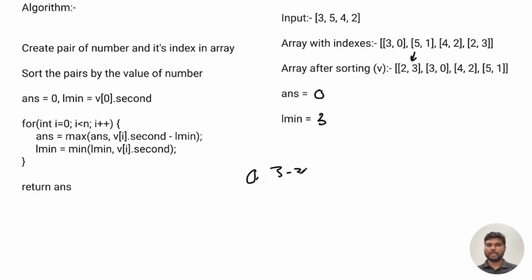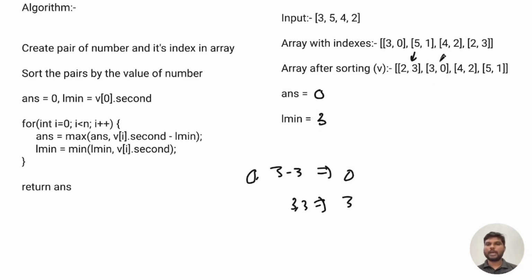So we get max of 0 comma 3 minus 3, and we need to find the maximum between these two elements, which is 0. So answer is assigned the value 0 and lmin is assigned a new value. lmin becomes the minimum of lmin comma vi dot second. lmin is initially 3 and vi dot second is 3, so the minimum is 3 again. So lmin has kept the same value.